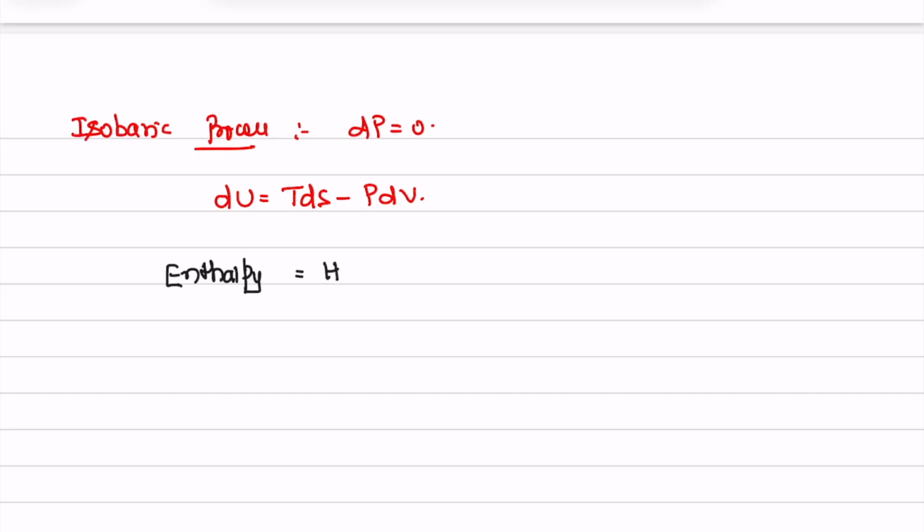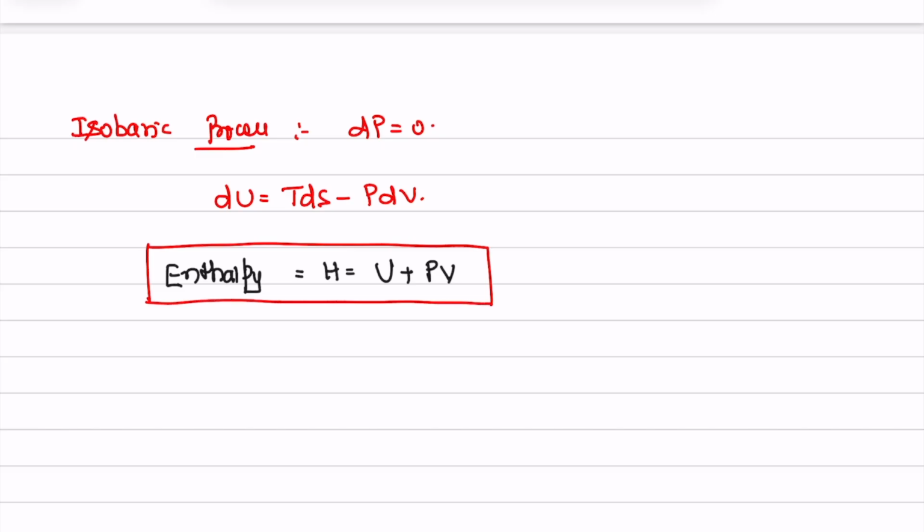Enthalpy H is equal to U plus PV. Internal energy plus work. PV is nothing but work. U plus PV, internal energy plus work. This is the enthalpy.